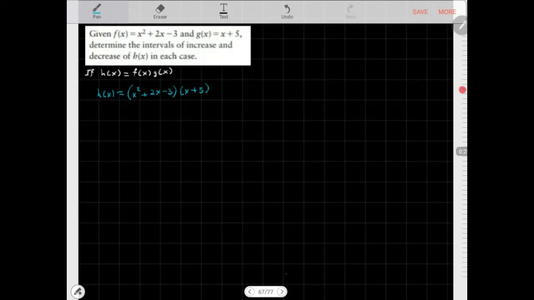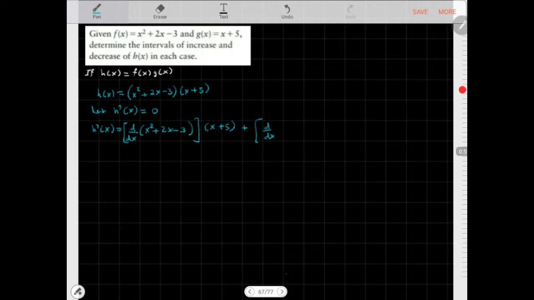If you want to find the intervals of increase and decrease, let's first find some critical numbers. So to find critical numbers, I need to let h prime of x, or the derivative function of h of x, equal 0. To define h prime of x, I'm going to find the derivative by using the product rule. So I'm going to do derivative of the left, x squared plus 2x minus 3, times x plus 5, plus the derivative of the right factor now.